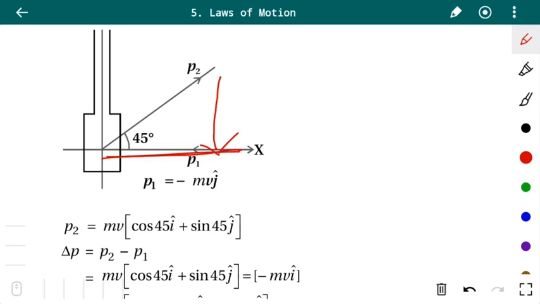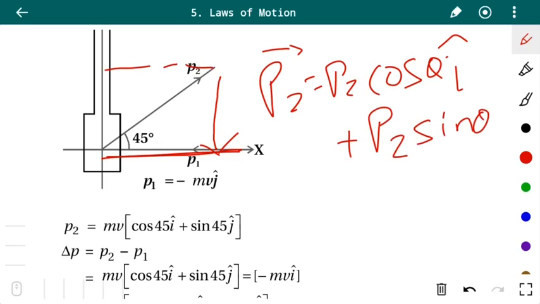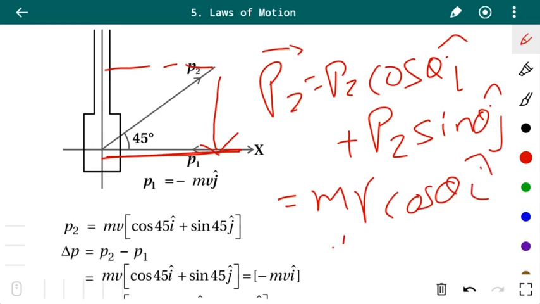So it will be P2 cos theta i cap, and taking the projection on the y-axis, it will be plus P2 sin theta j cap. So here P2 is nothing but mv, so we can write mv cos theta i cap plus mv sin theta j cap.